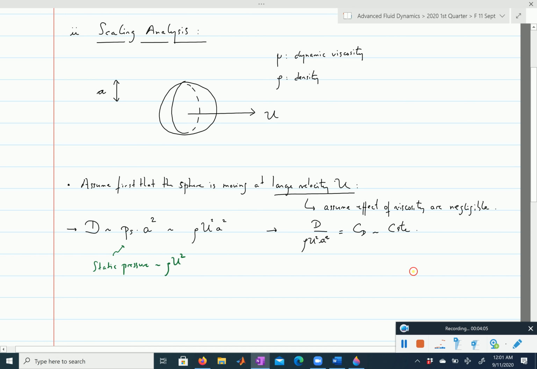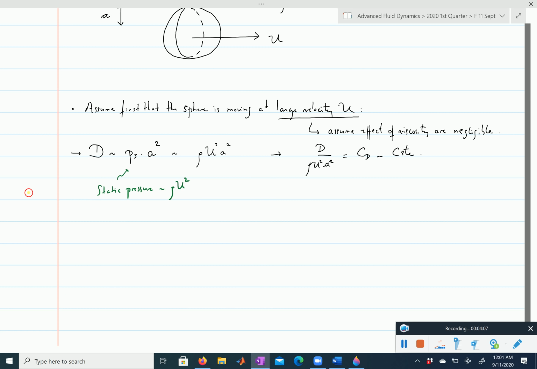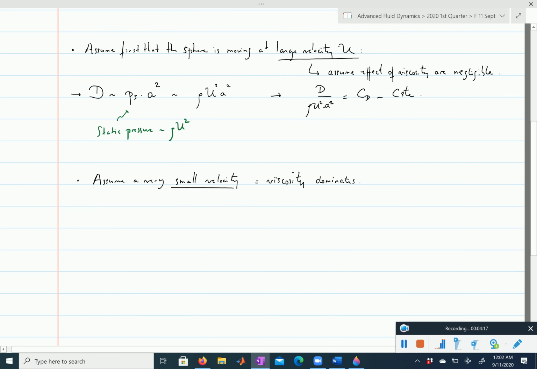Okay, now let's go to the other extreme. Let's assume that we have a very small velocity, and in that case we know that viscosity is going to dominate. And let me tell you that this will happen only at extremely small velocity, or when not just small velocity but very small spheres as well. But let's assume that the effect of viscosity is the one that really dominates.